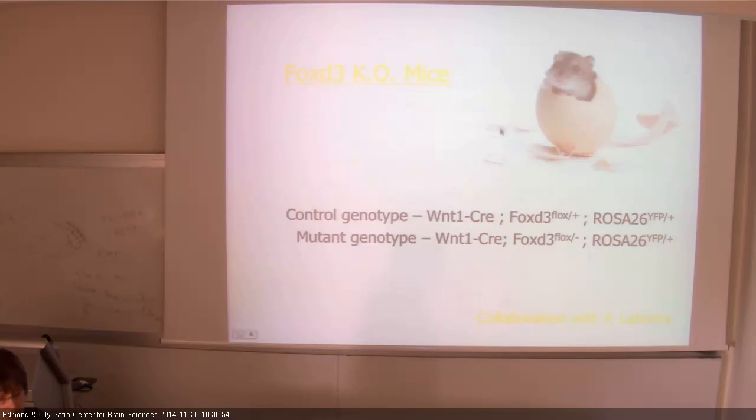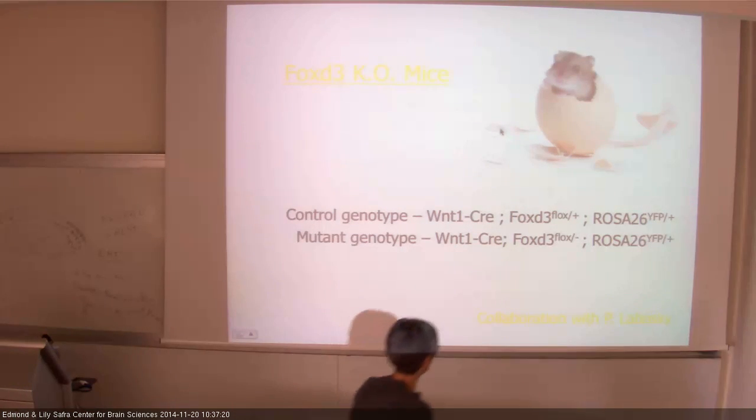If we give FOXD3 to prospective melanocytes, we get glia instead of melanocytes in the chick embryo. What will happen if we delete FOXD3 at all from the crest? If FOXD3 is an inhibitor of melanogenesis, you get melanocytes instead of neurons. So this is exactly what we got.